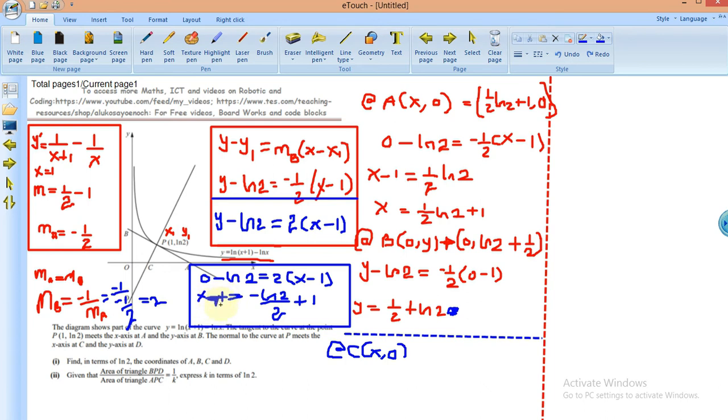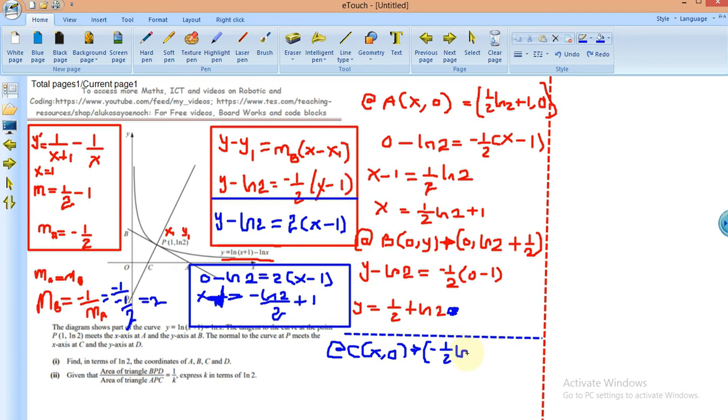So the answer here will be minus half ln 2 plus 1, minus 1 over 2 ln 2 plus 1. Minus ln 2 plus 1, comma, 0. So that's the coordinate for C.